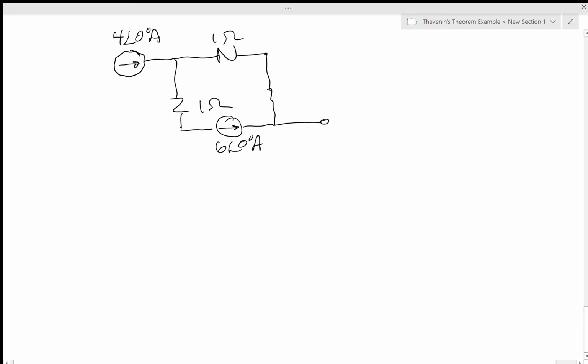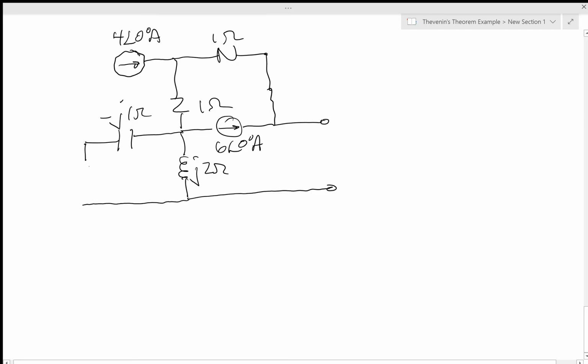We're looking for VOC out there. Here's my capacitor, here's my inductor. And then I need to close this up here, and we're looking for VOC.